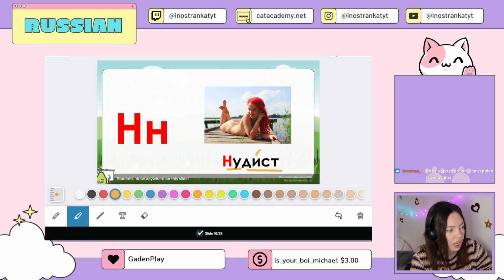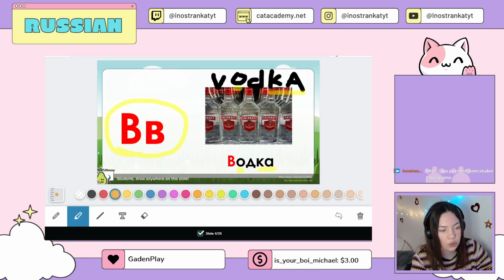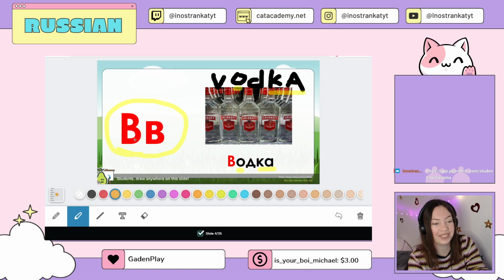Another tricky letter, if you remember, is bukva B, that looks like bukva V. Even I got confused. In English it makes the sound B, but in Russian it is V, vodka.